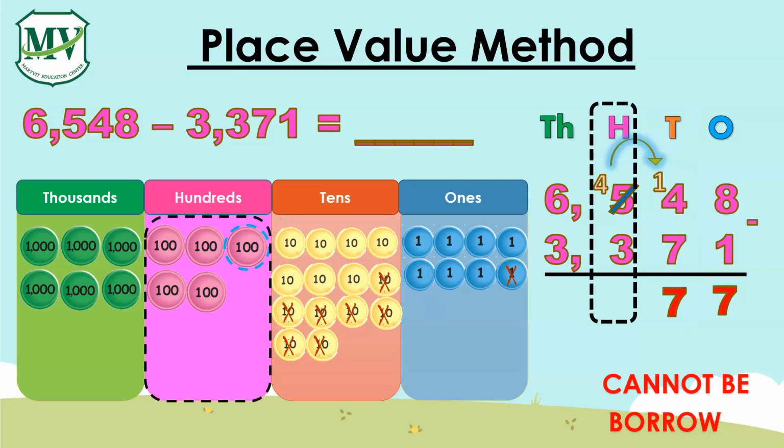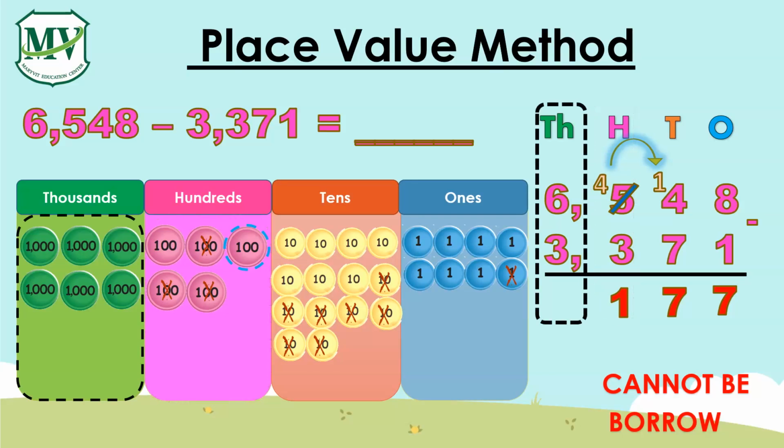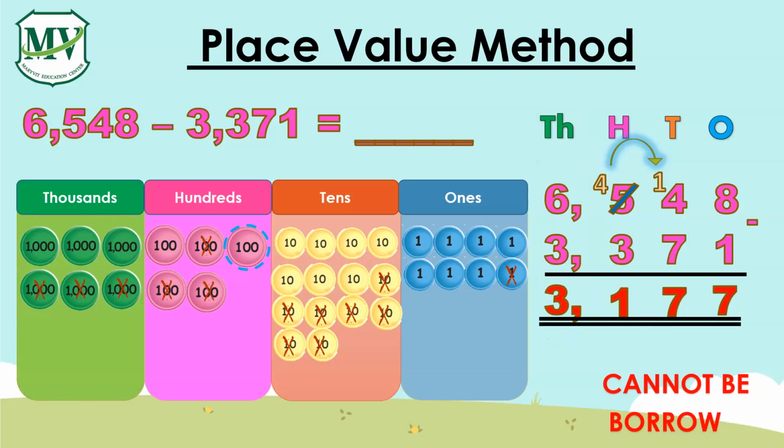Next, Step 3. Subtract the hundreds. 4 hundreds minus 3 hundreds is equal to 1 hundred. Step 4. Subtract the thousands place. 6 thousands minus 3 thousands is equal to 3 thousands.